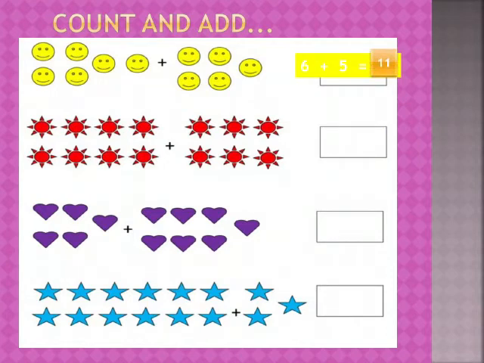Very good. Now count the number of these red pictures, that is the picture of a sun. There are 8 in the first group, and in the second group how many are there?